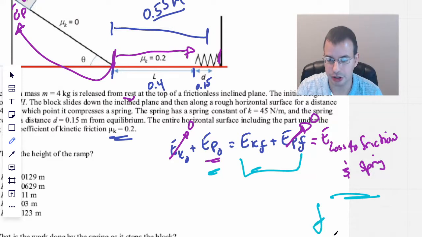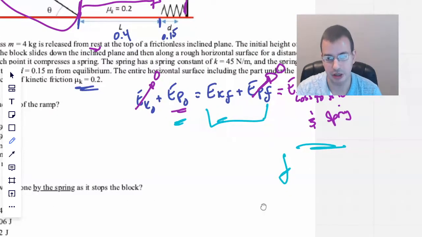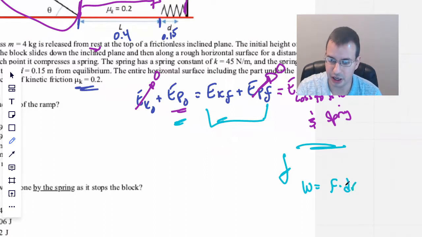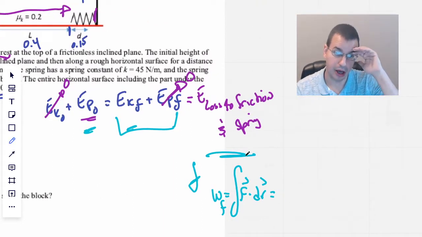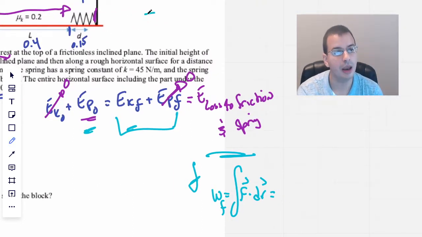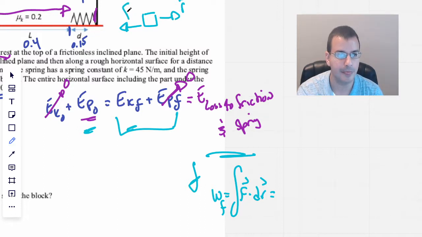Okay, so let's look at this part. Energy lost due to friction. So work equals the integral of F dot dr. This is going to be due to friction. The block is going this direction, so this will be the displacement direction, but friction is acting this direction.